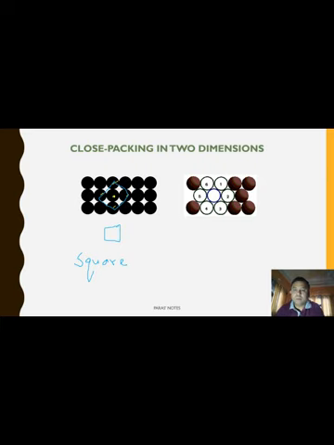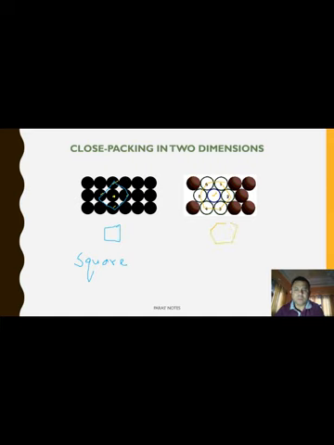Now, if you take any one sphere, let's talk about this sphere in the middle. It is being touched all around by six different spheres, as you can see, numbered 1, 2, 3, 4, 5, 6. If I join the centers of all these spheres, then you can see a hexagonal shape is coming out. So here 1, 2, 3, 4, 5, 6.